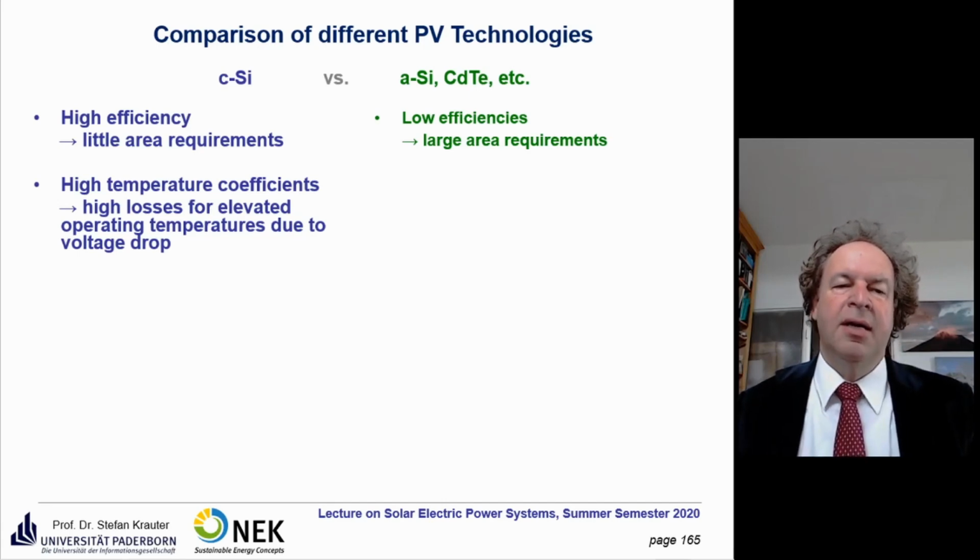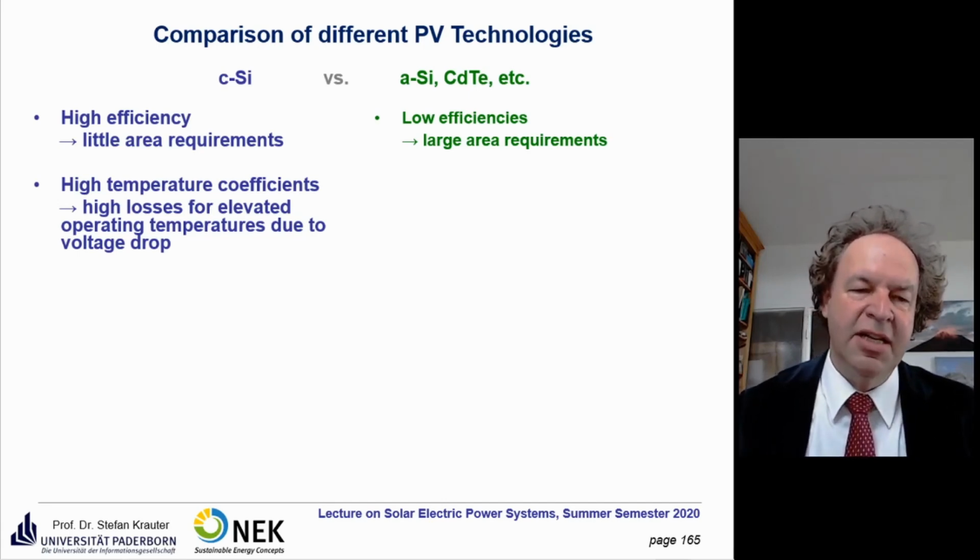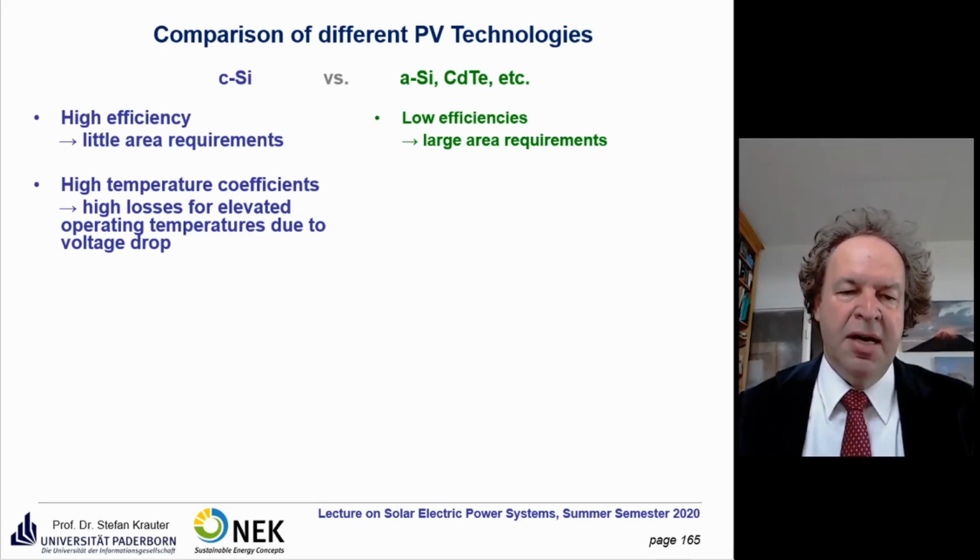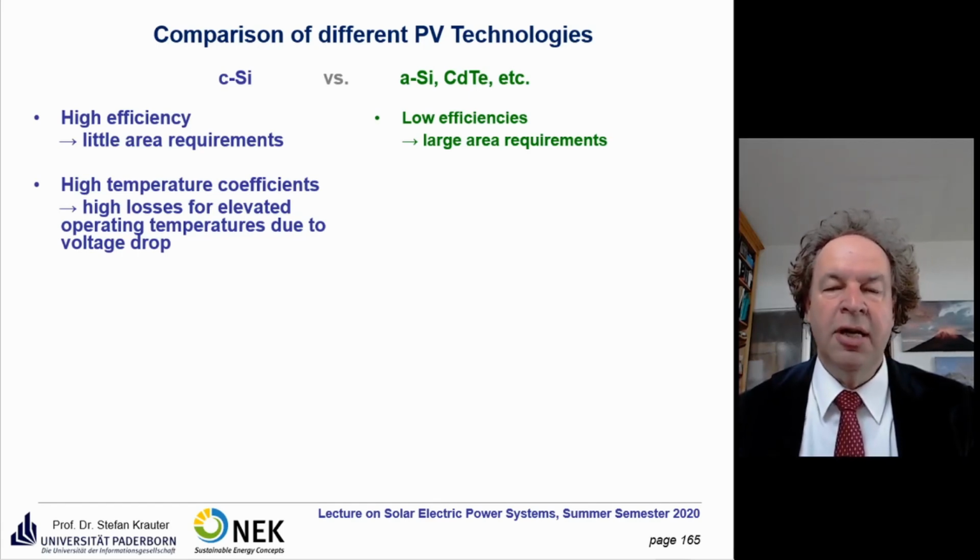Crystalline silicon has a higher temperature coefficient. That means you have to take into consideration losses at high temperatures. As I mentioned, unfortunately, the standard test conditions are set with a cell operation temperature of 25 degrees, which is not realistic at all.